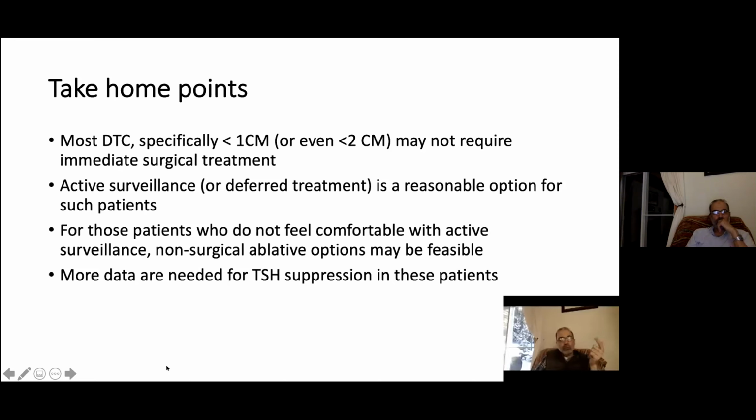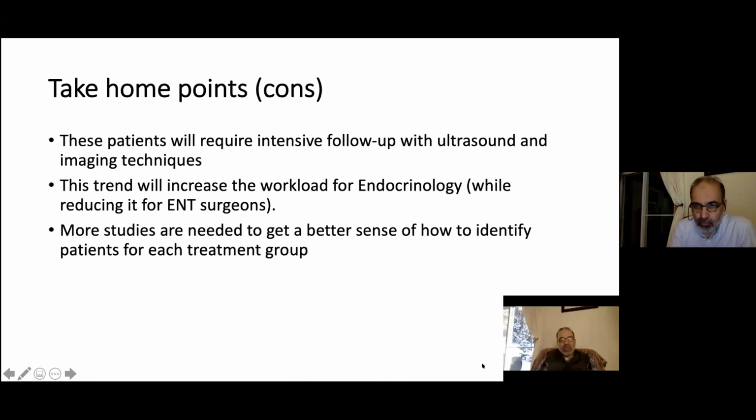For those who do not feel comfortable with active surveillance and want something to be done, you can offer them non-surgical options such as laser treatment, radiofrequency ablation, or ethanol injection. Whether TSH suppression would be useful, I think the jury's still out, so we'll continue to look at it.